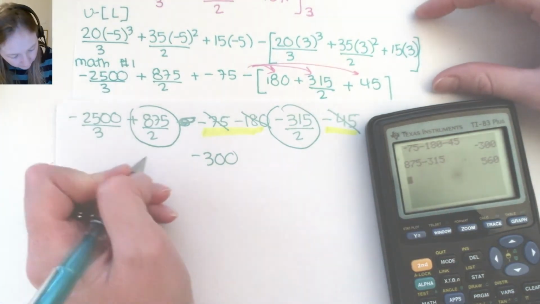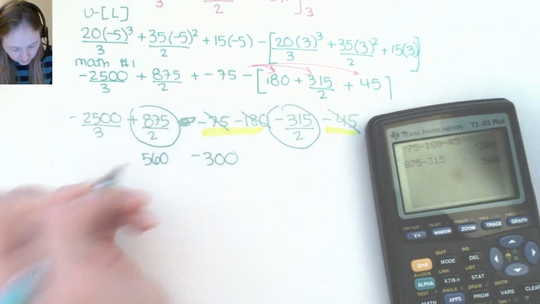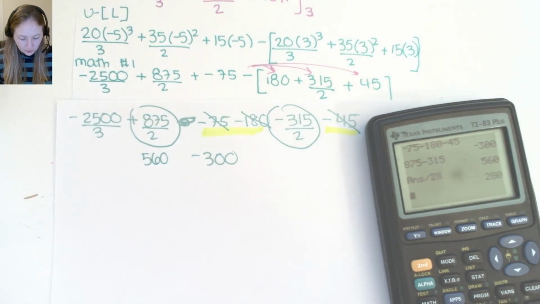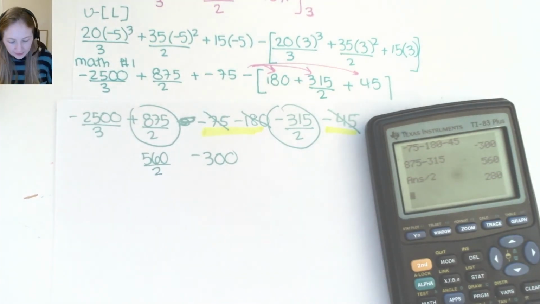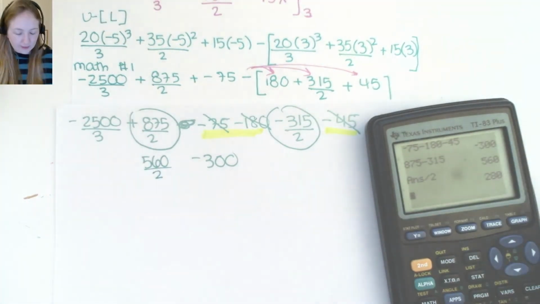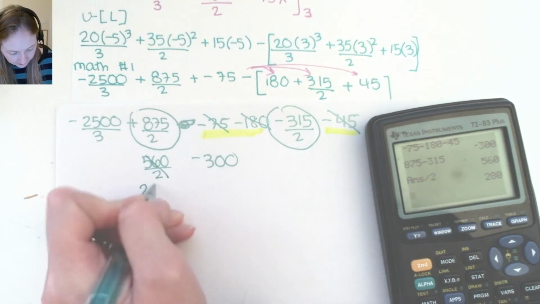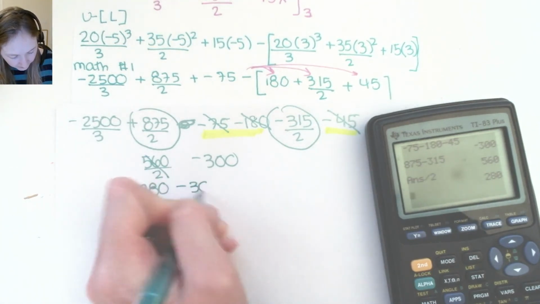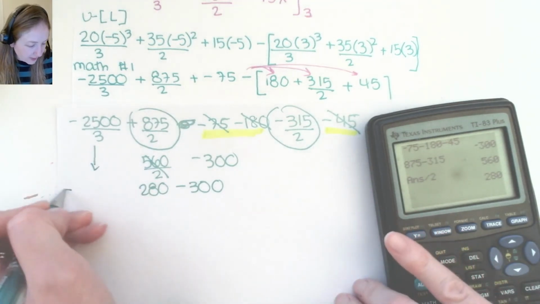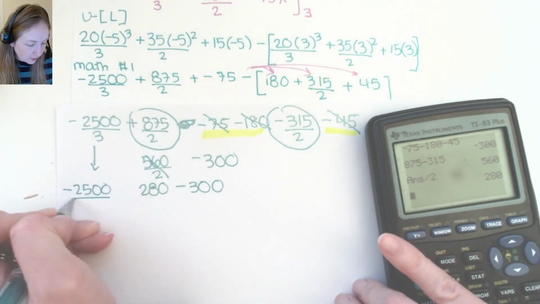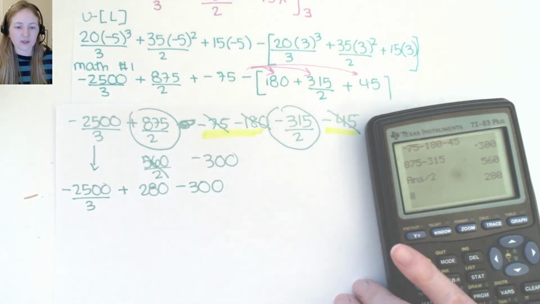So that's going to give us 560 over 2, which very conveniently, this does not always happen this way, does simplify out to just 280. Okay, and sometimes that happens, sometimes it doesn't, but it does simplify where I have 280 minus 300, and then this negative 2500 over 3 is of course going to still be there.